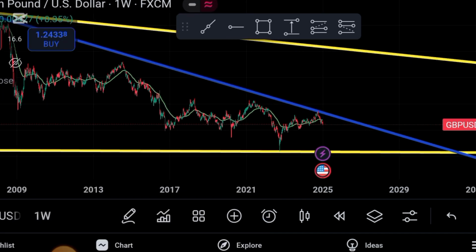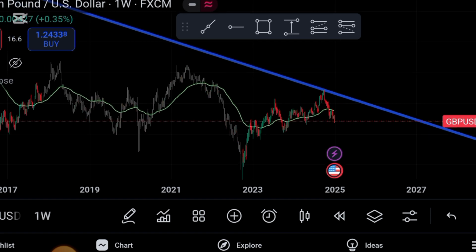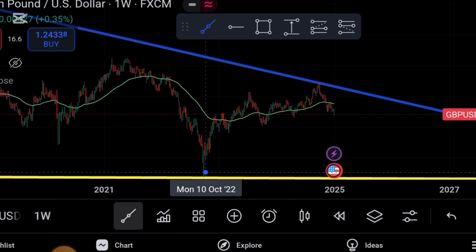We're looking at the most recent price action with the weekly chart. We are going to be starting it here.